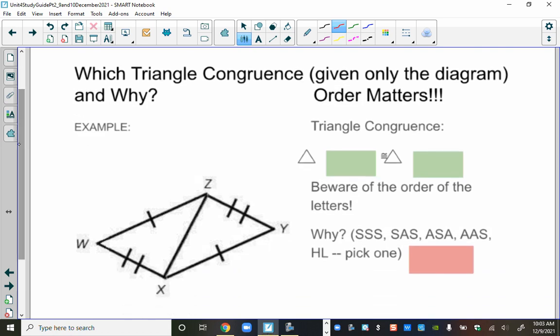All right, so let's talk about the next one. So we were like that triangle. Again, you have the shared side. So right away, if we just look at the two triangles, or if you want to split them up, you can.